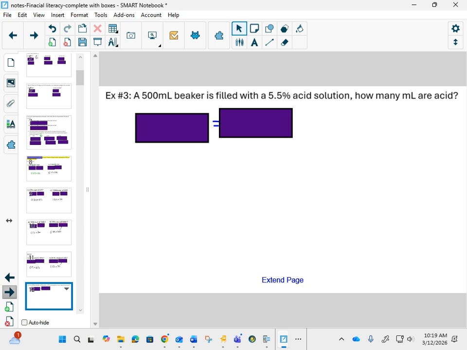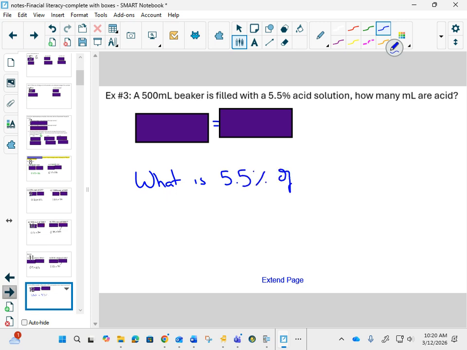We want to know what amount of it is acid. So this question is asking, what is 5.5% of 500? And anytime we have this kind of language, we're going to change it to a decimal.